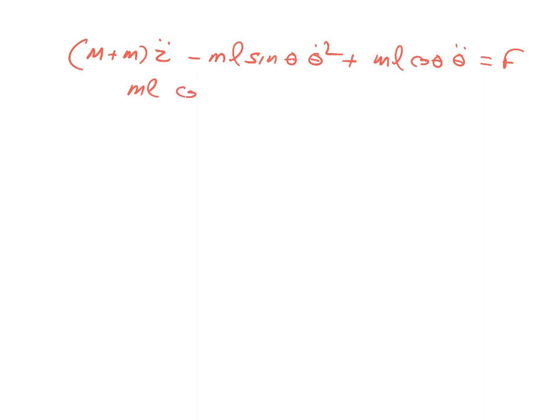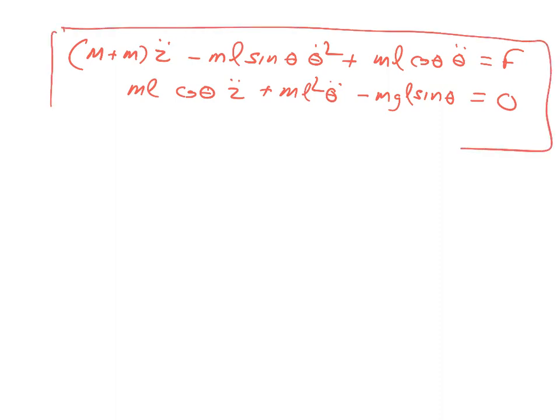So I'll write it again: (M plus m) z double dot minus ml sine theta dot squared plus ml cos theta theta double dot equals f, and ml cos theta z double dot plus ml square theta double dot minus mg l sine theta equals 0. Okay, and again these equations will be used to simulate.